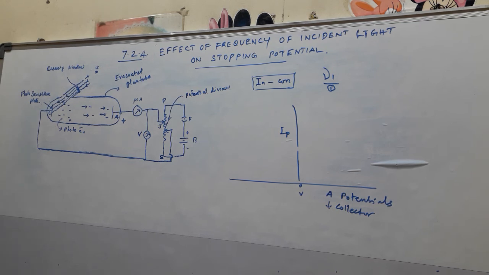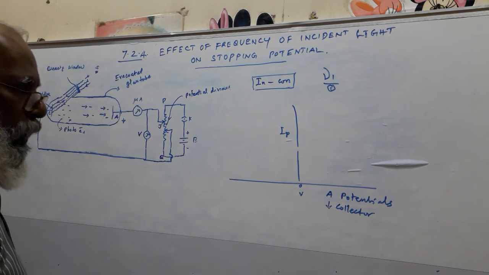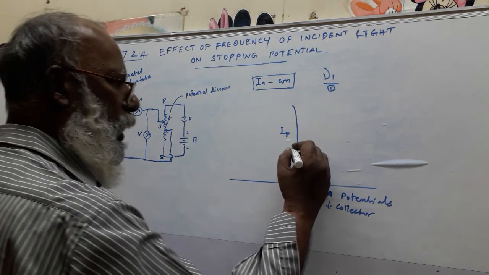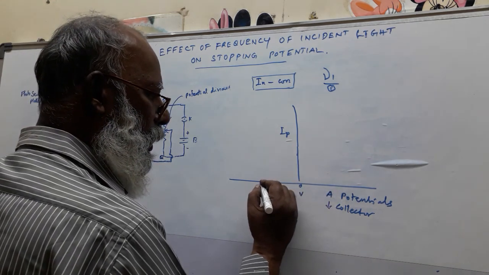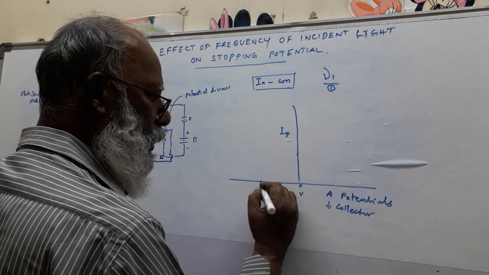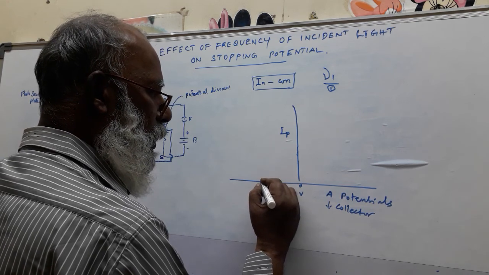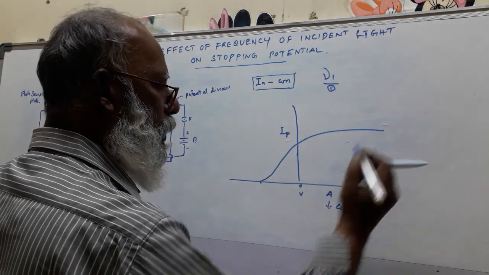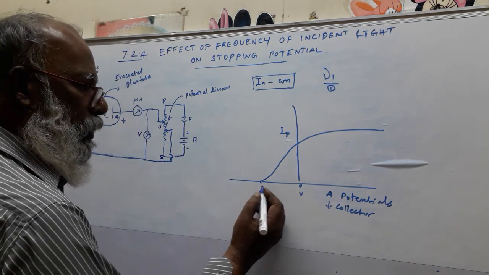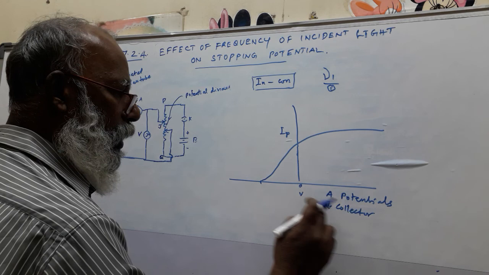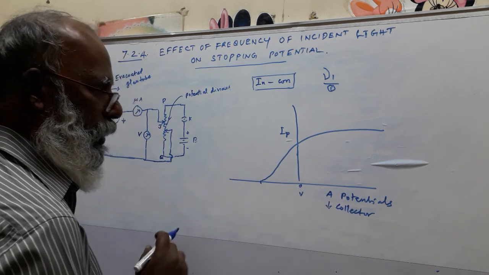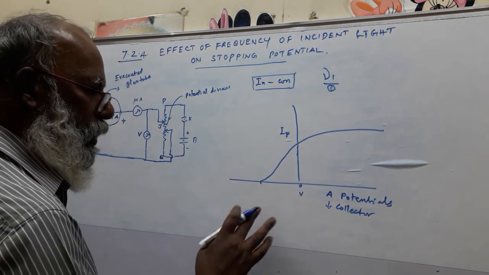But if you draw a graph, the graph may look like this. Here there is a negative voltage. Why is the anode potential moved in the negative direction? What is the reason for that?